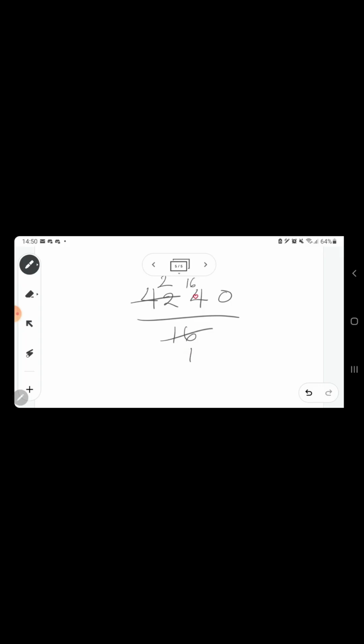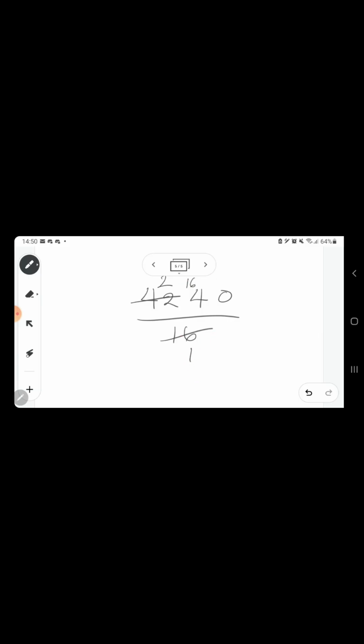How many lots of 16 can we find in 164? You need to now begin to find out for yourself how many lots of 16 can I find in 164. Now because you see 16 here and 16 here, don't automatically think we can say 16 in 1.